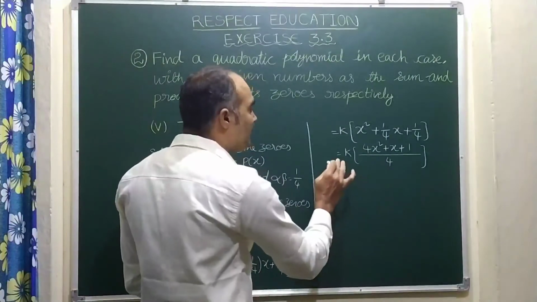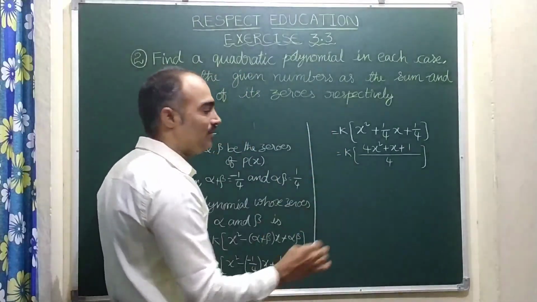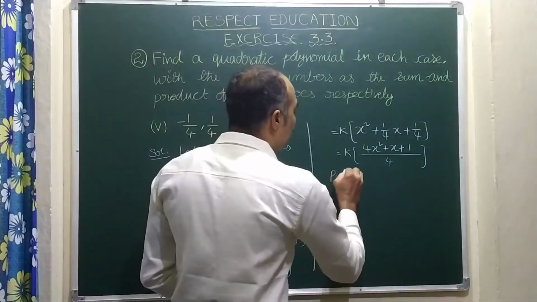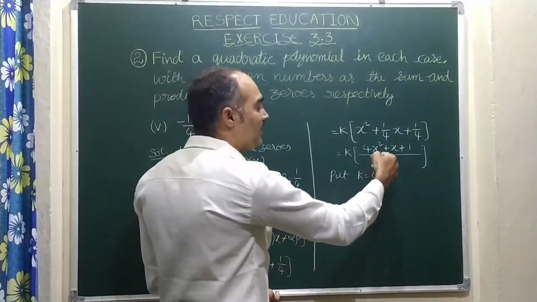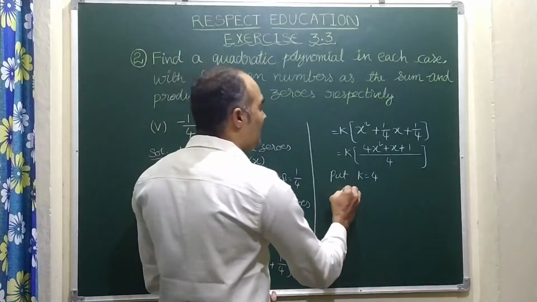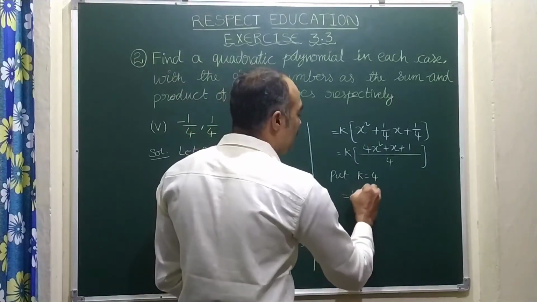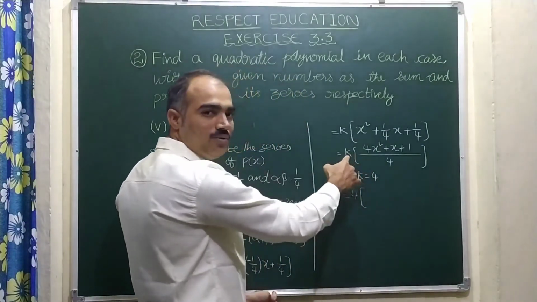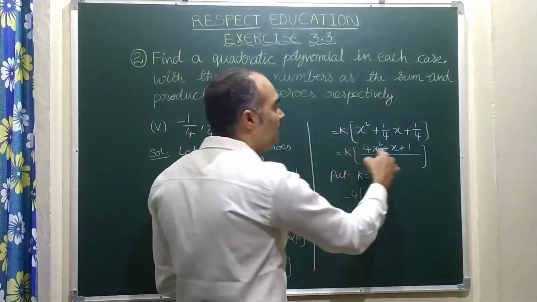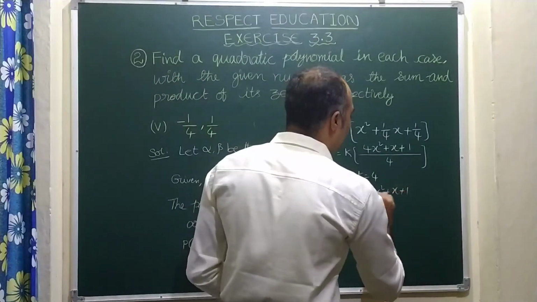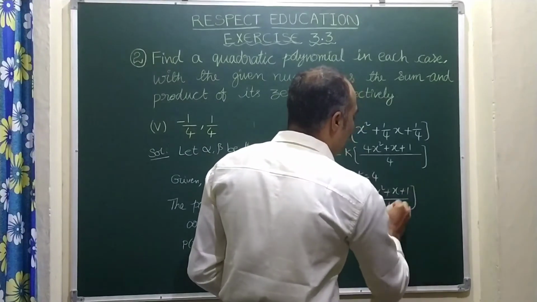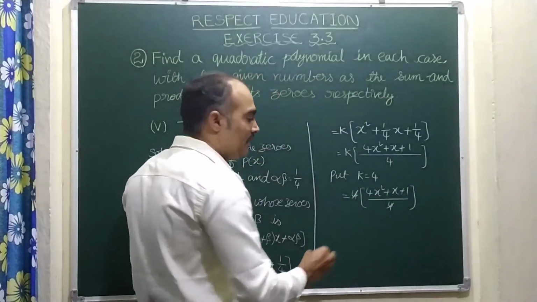Now this is the place where we need to take k value. So here I am taking, put k is equal to 4 because in the denominator I have 4. So the required polynomial p of x becomes 4 into 4x square plus x plus 1 by 4. Now 4 gets cancelled.